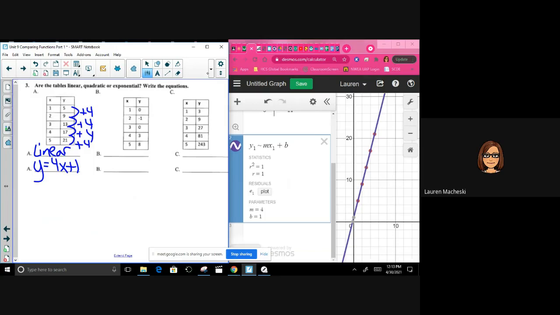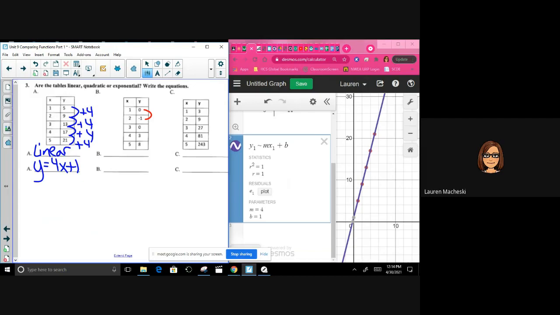All right, next one. So the easiest thing to check right away is if it's exponential. So look at your y's. Am I multiplying by something? Can you easily tell if I'm multiplying by something for my y's? No. So it doesn't look like it's going to be exponential. So let's check our differences. What's going on from 0 to -1?